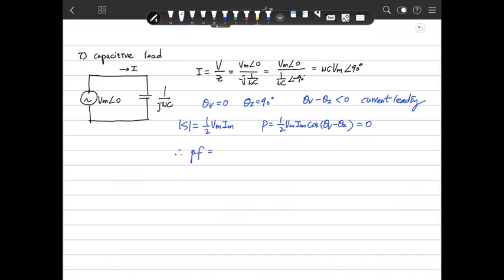Therefore, the power factor, cosine of theta V minus theta I, is 0.